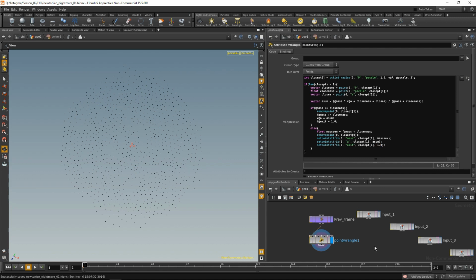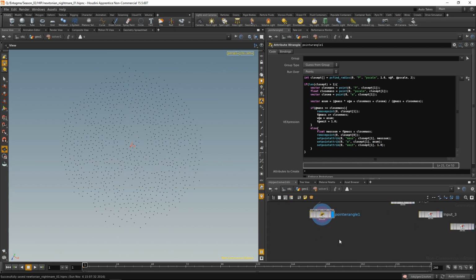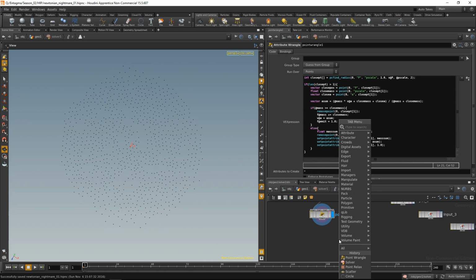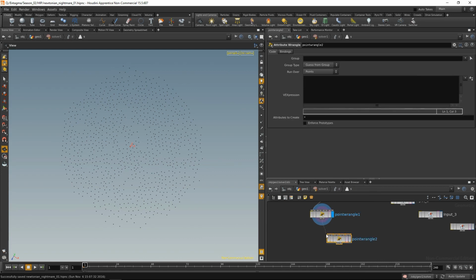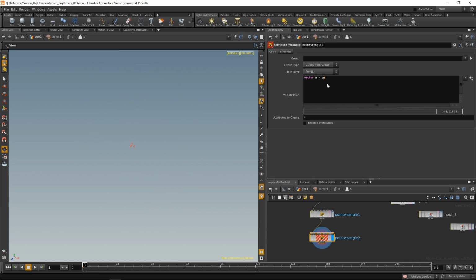Like this. So after I've solved all the collisions, next thing I'd like to do is actually calculate all the forces. Again, using a point wrangle here. Just gonna create some variables that I'm gonna use. Just accessing my acceleration here.